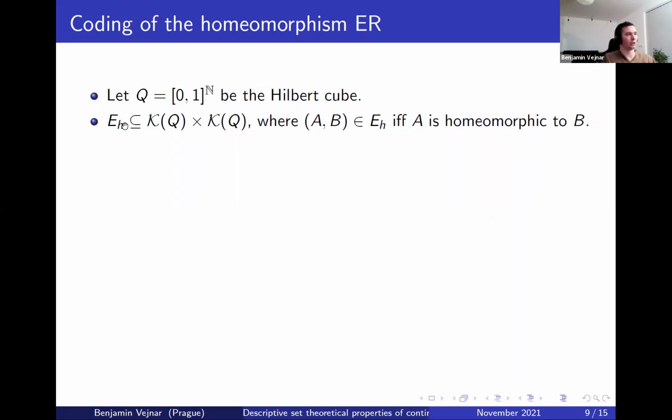So this EH is naturally called a homeomorphism equivalence relation of compact spaces.